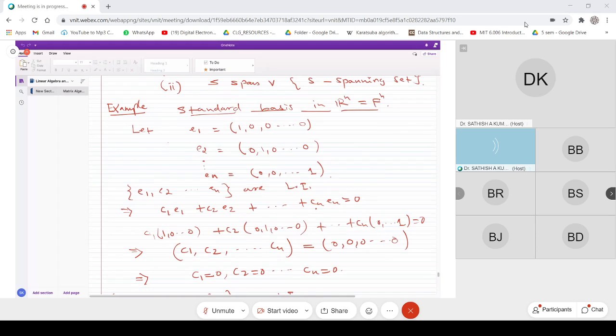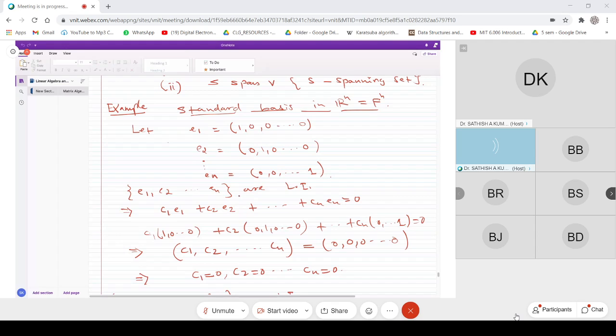One thing that can be easily seen is, suppose I take the vector e1 as 1 0 0 etc 0, and then e2 we take as 0 1 0 0 etc, and en can be taken as 0 0 etc 1. Okay, so this is the standard basis in Rn. So these vectors are linearly independent, right? We had checked earlier.